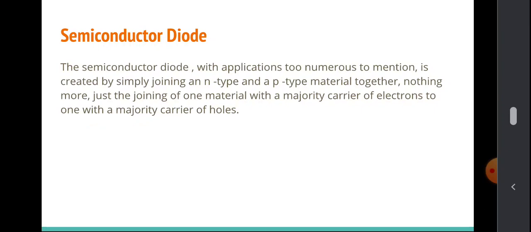The elemental materials are silicon and germanium, and the compound materials are combinations of two or more elements, for example, gallium arsenide. So there is gallium and there is arsenide. So those are the types of semiconductor materials.